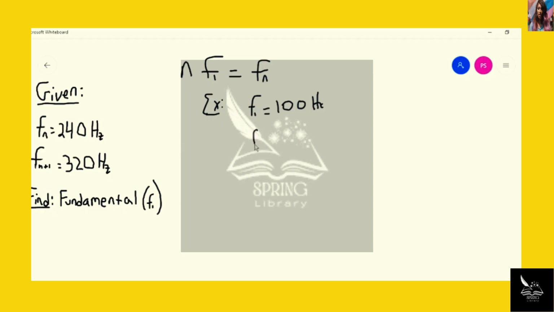That means your second harmonic would be 2 times that, which is 200 hertz. And your third harmonic, F sub 3, would be 3 times your fundamental, which would be 300 hertz.